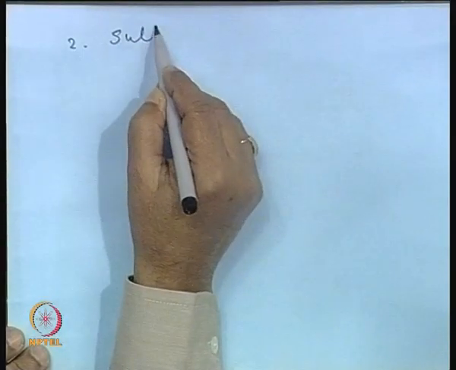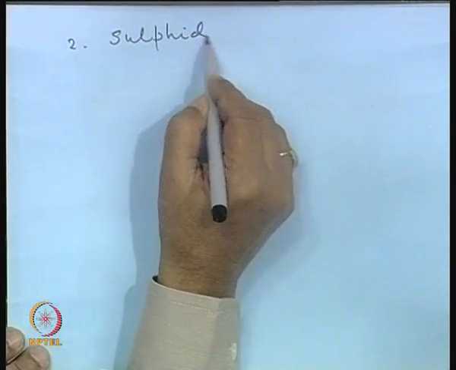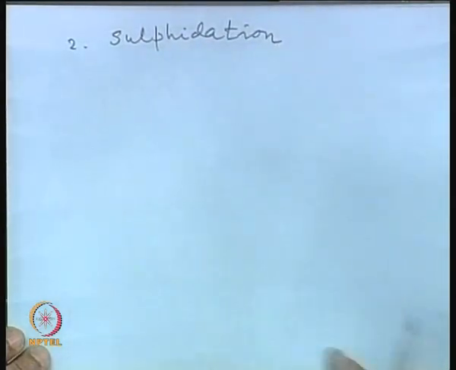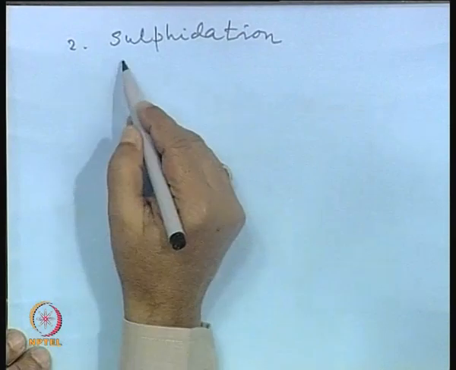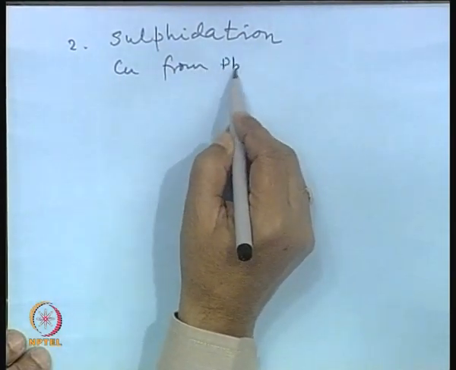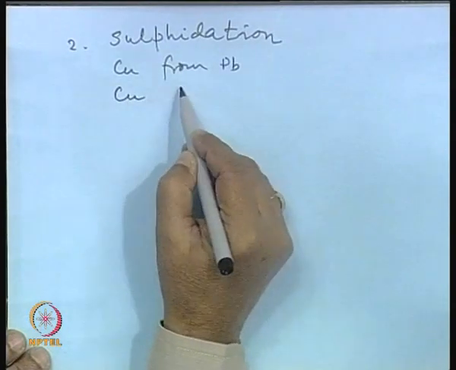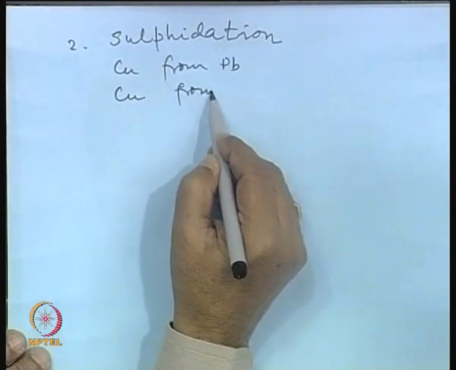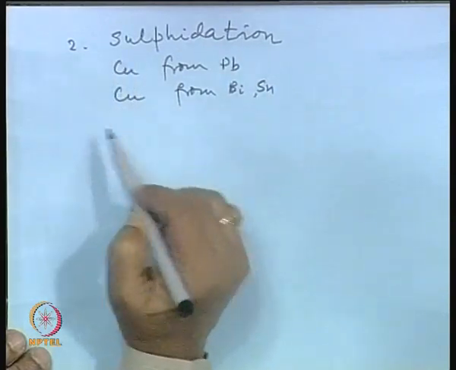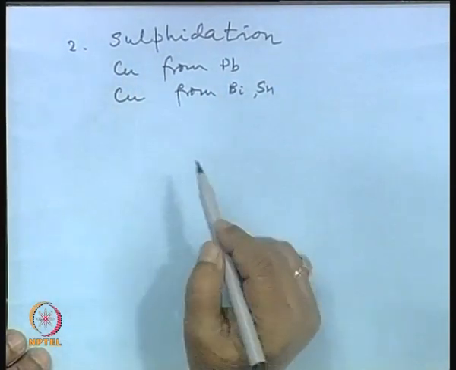We can also do sulfidation, means preferentially form sulfides of impurities as compared to the metal being purified. Copper can be separated from lead, copper can be separated from bismuth and tin, because these will form stabler sulfides as compared to the rest.